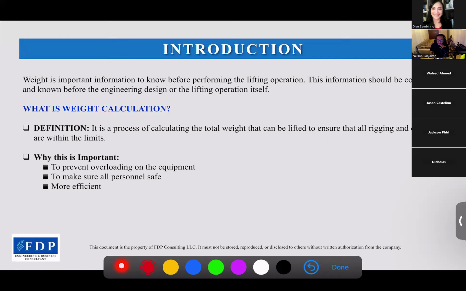There are so many perspectives that can lead to the answer. So by knowing the weight itself, we can choose what equipment we need to do the lifting operation itself.